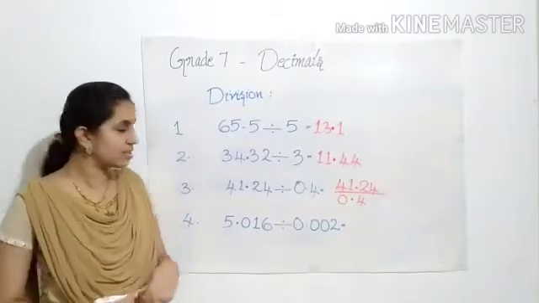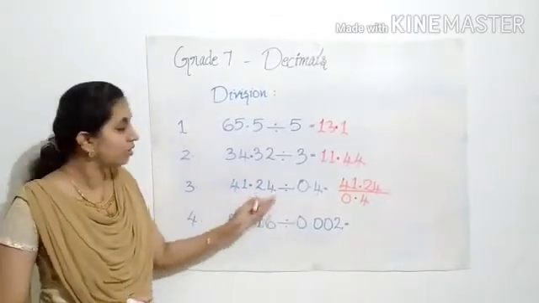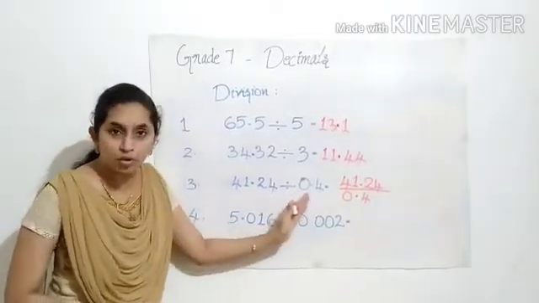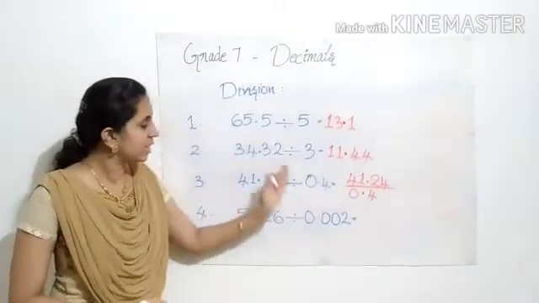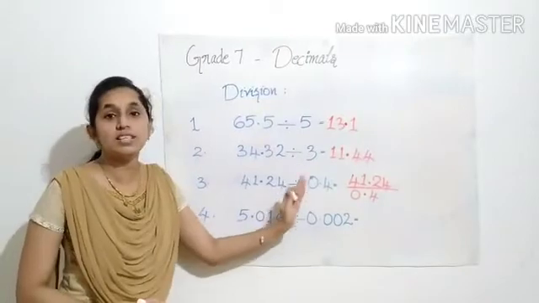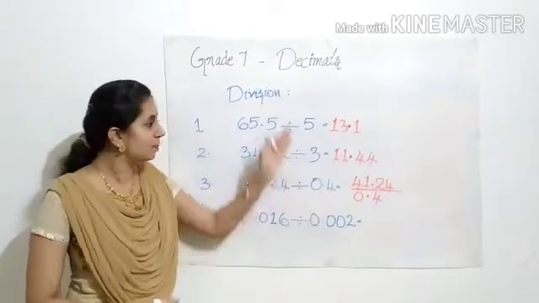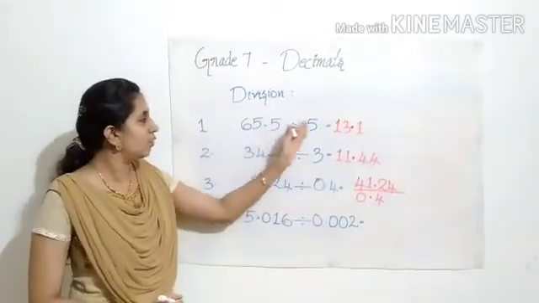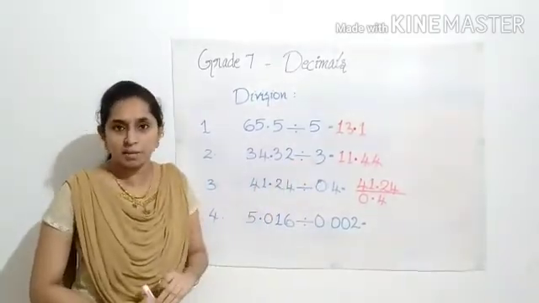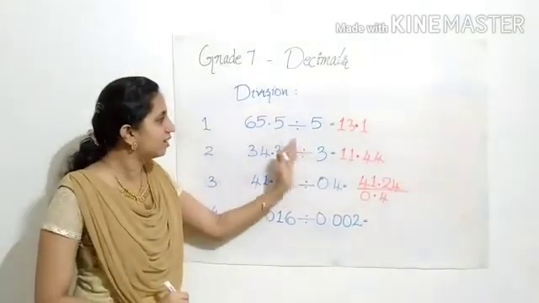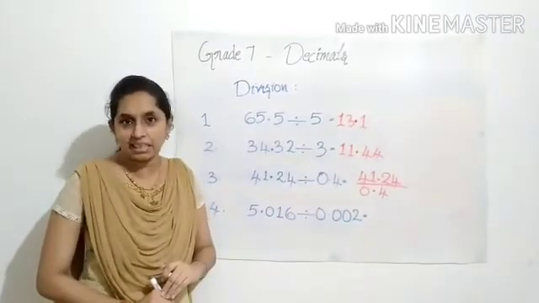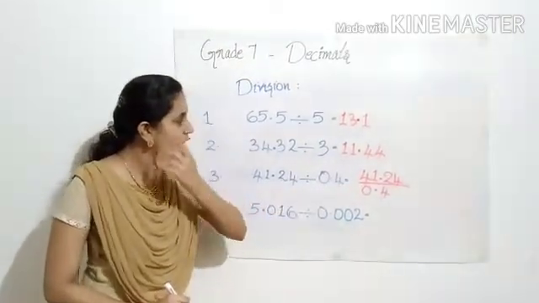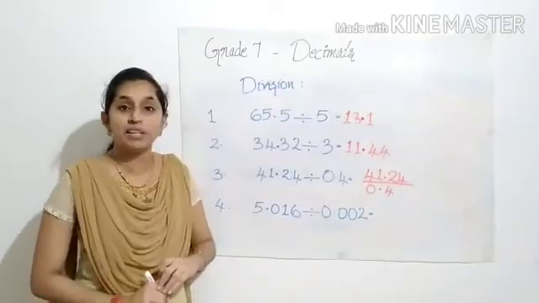The next question is 41.24 divided by 0.4. We can also write it like this as a fraction. Here you can see our divisor is a decimal number. But in the previous two questions you can see 5 and 3. They are not decimal numbers, right? So we divided directly. But here we cannot divide directly because the denominator is a decimal number.